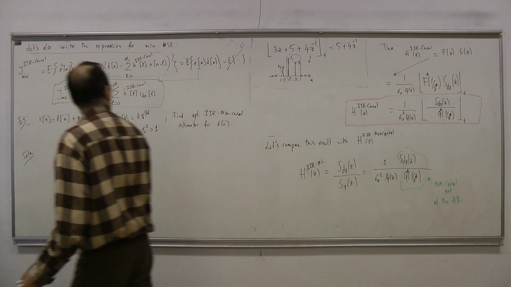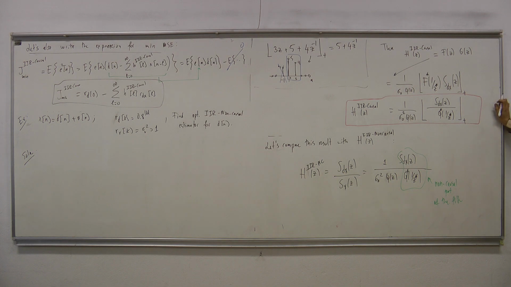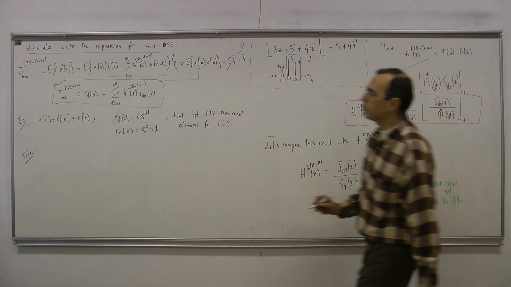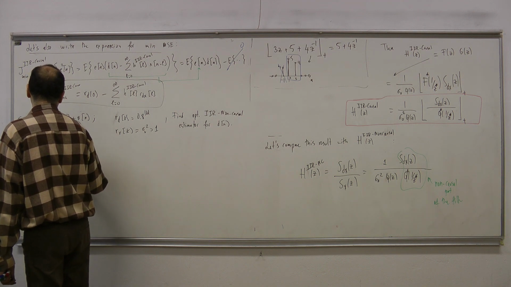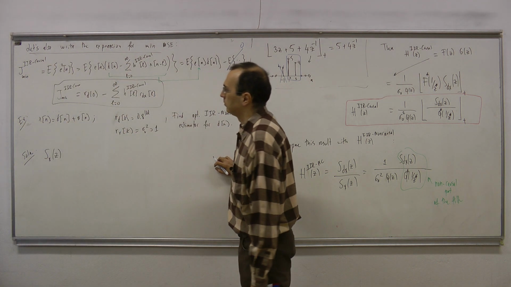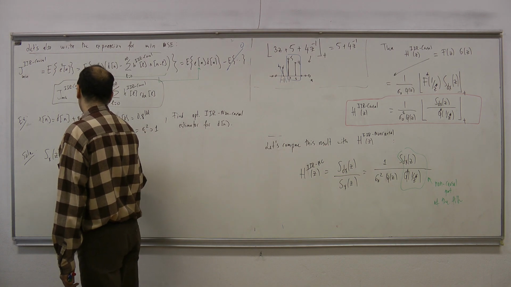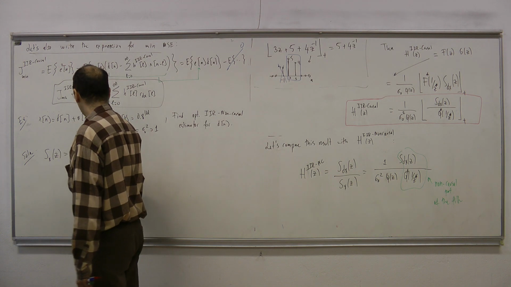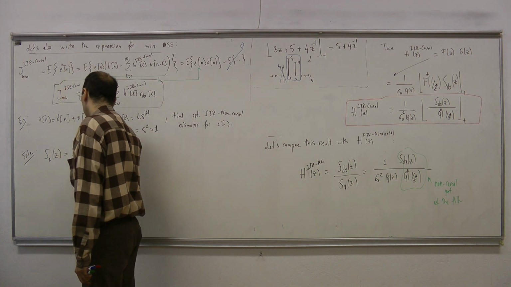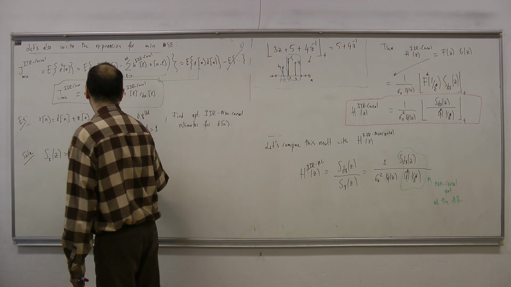So we are actually ready to attack this problem because I know this filter over here. But before that, what do I need? I need this Sx of z. So this is the power spectral density. In the last lecture we have derived this. So this is, please remember, the z transform of 0.8 to the absolute k.